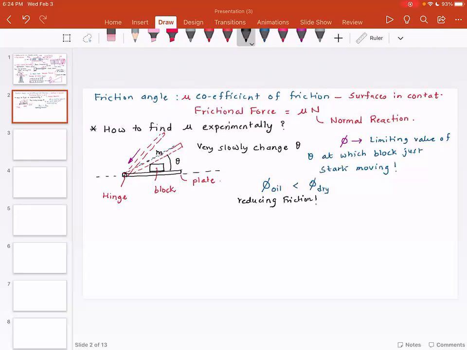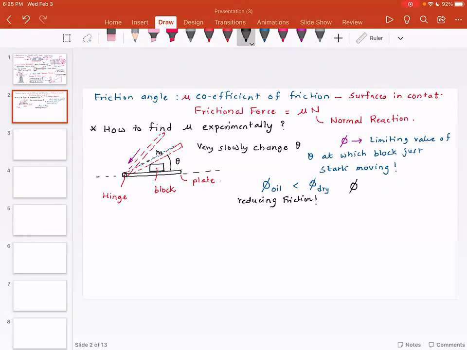So what happens is this limiting value of phi is somehow dependent on the actual value of friction between these two surfaces in contact. So the way we find the coefficient of friction is we place a block on the surface and gradually tilt the surface to a limiting value when the block just starts sliding, and the angle that we get is called the friction angle.